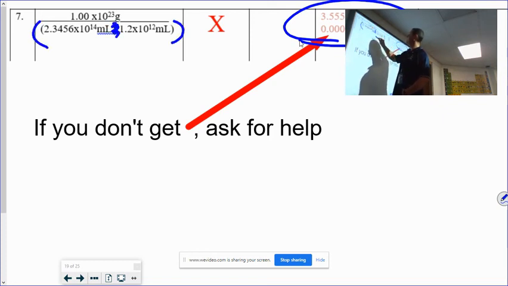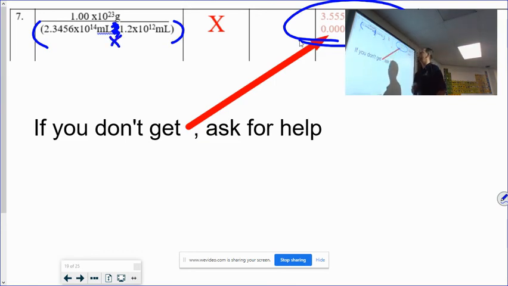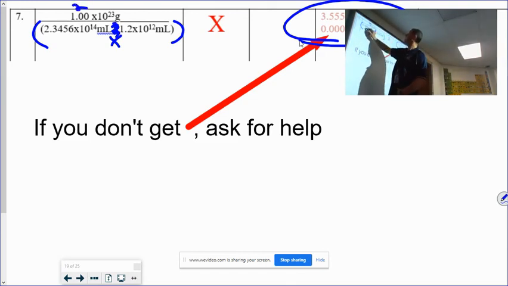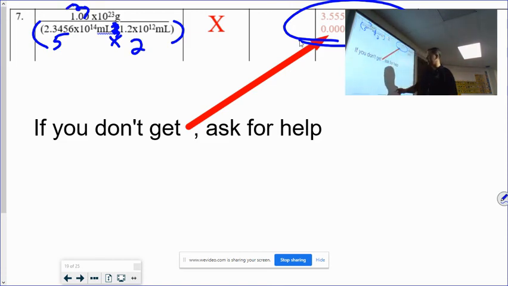In other words, kind of ignore those right there. Just look at that as a multiplication sign and doing the problem that way. So if we look at all that, we have 2 sig figs on top. We have 5 there. We have 2 there. So 3 sig figs on top. And so we should only have 2 sig figs in our answer.